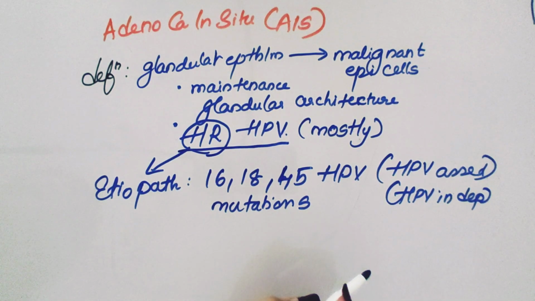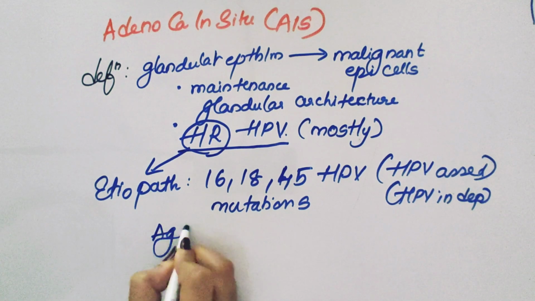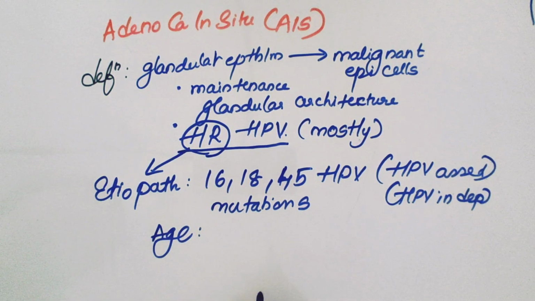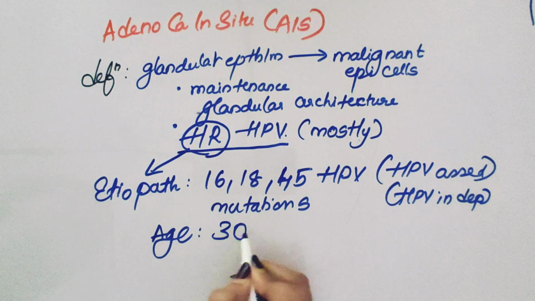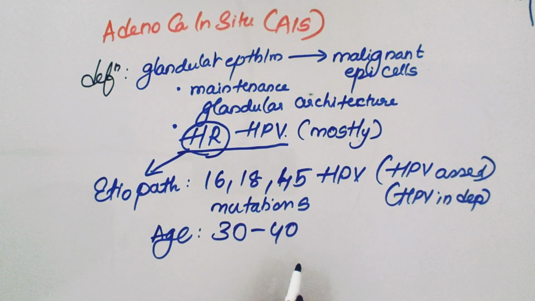Okay, so that is about etiopathogenesis, and it mostly occurs in the age group of what? You know that elderly people usually have carcinomas, so precancerous lesions should come before that. Okay, so it will come in your 30 to 40 age group.